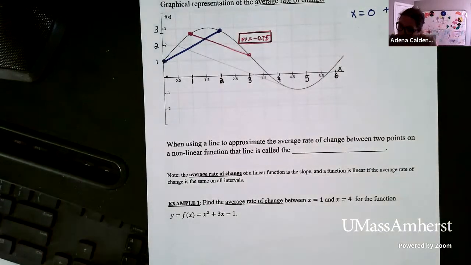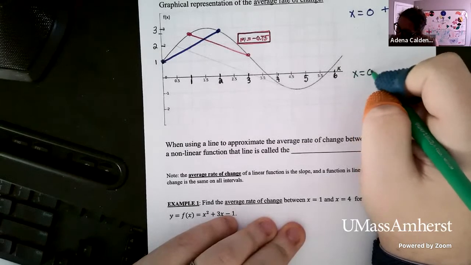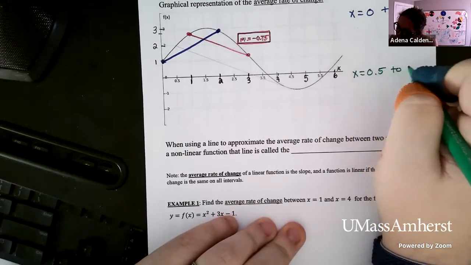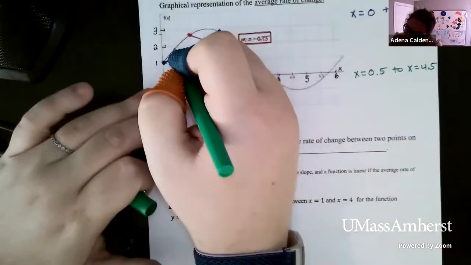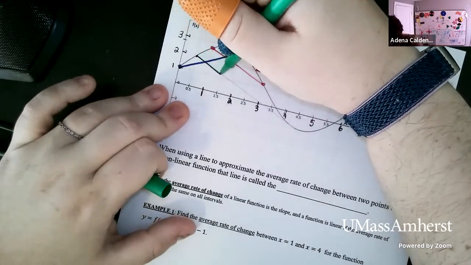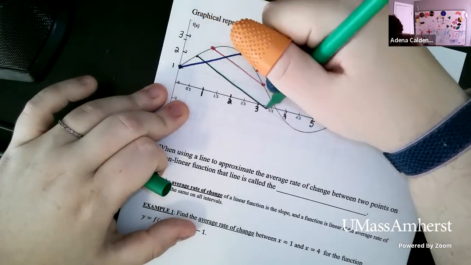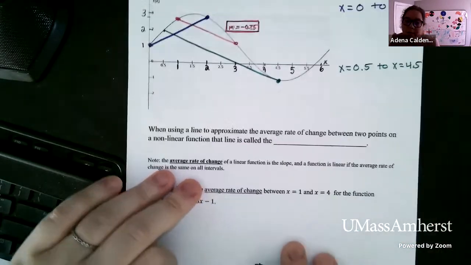And then we're also going to try one where we look at x equals 0.5 to x equals 4.5. Okay, so that's going to be this line. I'm going to try to draw this really super straight on top, so we have a good visual representation.